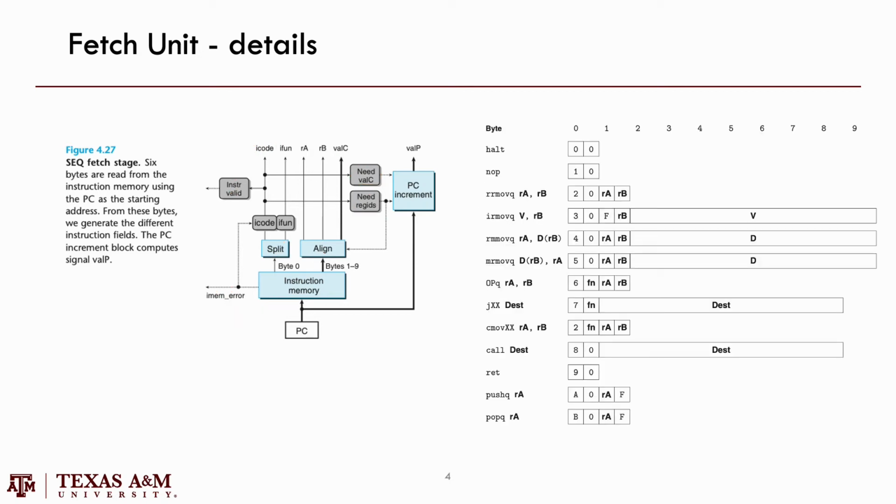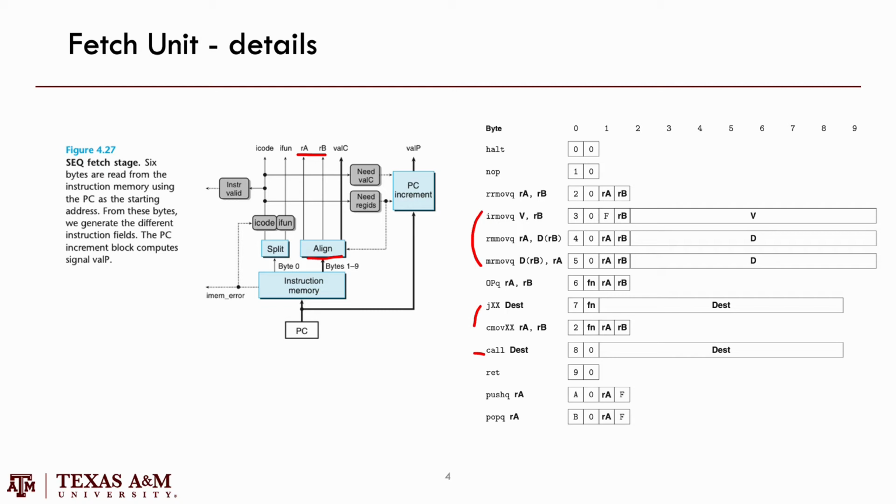I mentioned that we can just ignore align, but actually we can't, because we should handle the instructions read from memory differently for the three instructions, irmovq, rmmovq, mrmovq, versus the jump instruction and call instruction.